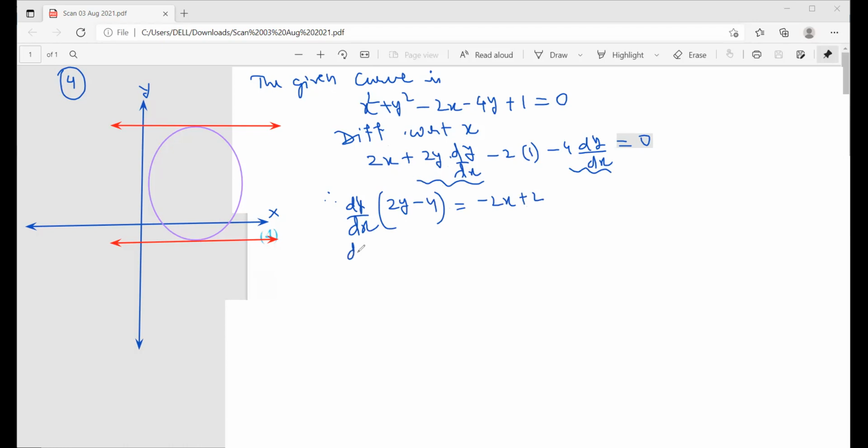Therefore dy by dx is equal to, take minus, so you have 2x, take 2 common, so here you have minus x plus 1. On 2 common here, y minus 2. This 2 cancels. So you got minus x plus 1 upon y minus 2. This is dy by dx.